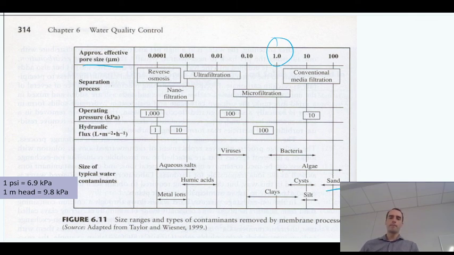See that? And then you can go down the list and say, okay, the microfiltration membranes can be used for the same things a granular filter can, and for a little smaller. So you can start getting into some bacteria removal, maybe some virus removal, but that's getting into the territory of ultrafiltration.